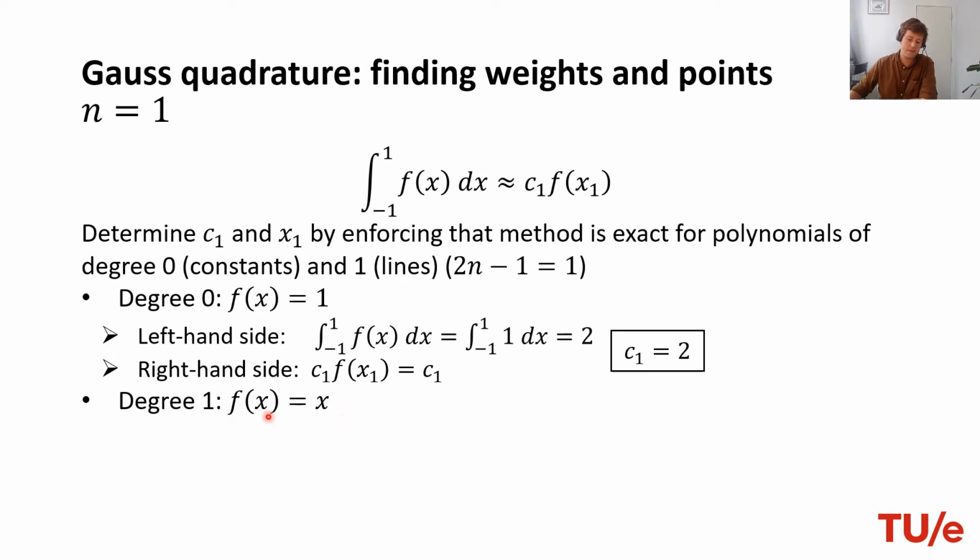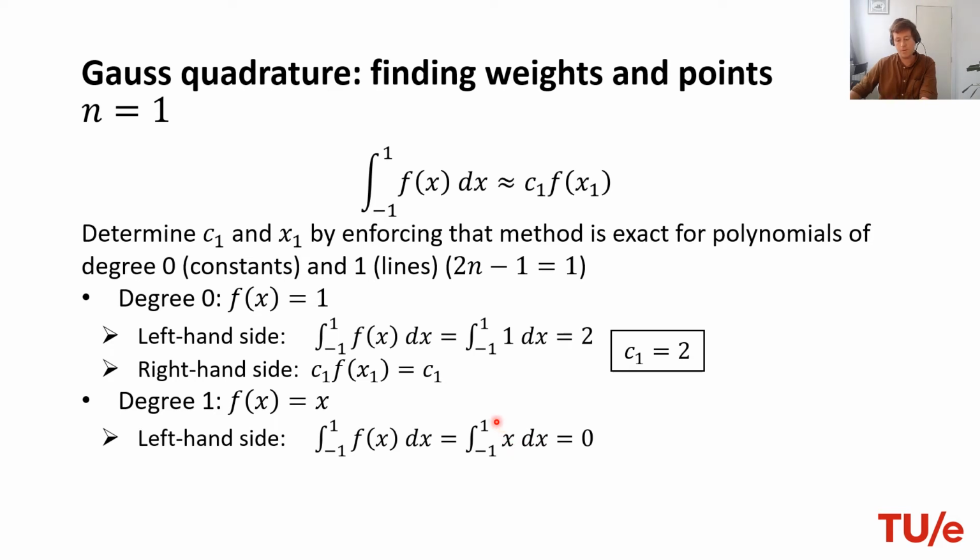And we again follow the same procedure that we did over here. So we evaluate the left-hand side of this approximation. And the left-hand side, well, again, integrate f of x from -1 to 1, where f of x is equal to x. And you can work this out. Well, the integral of this is x squared over 2.